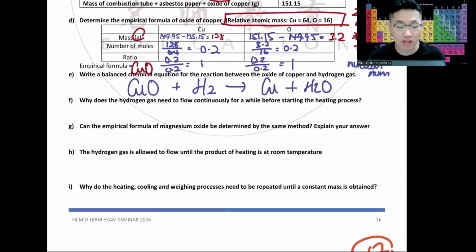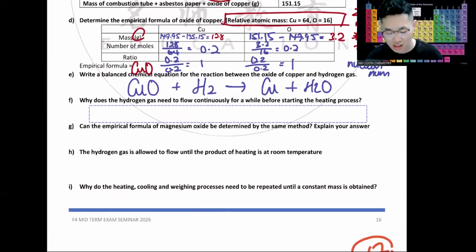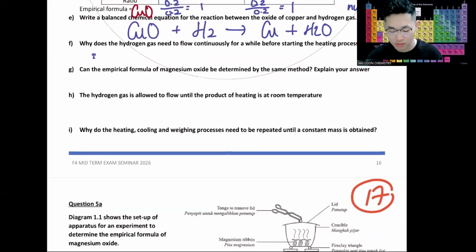Why does the hydrogen gas need to flow continuously for a while before we start the heating process? This is to remove the air from the glass tube. Fill in the blank yourself.